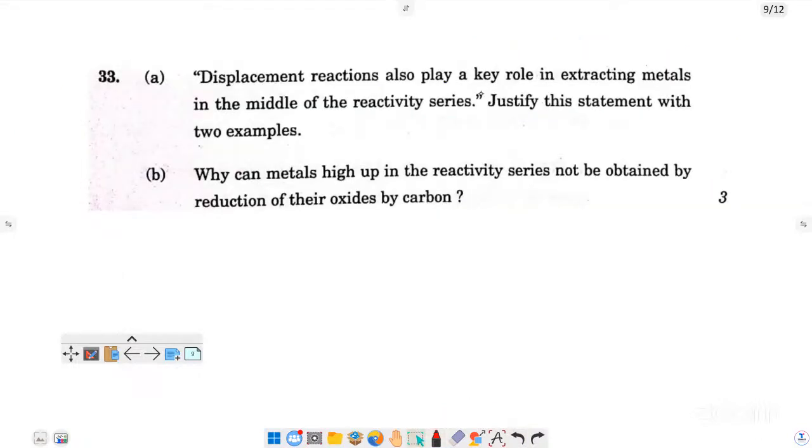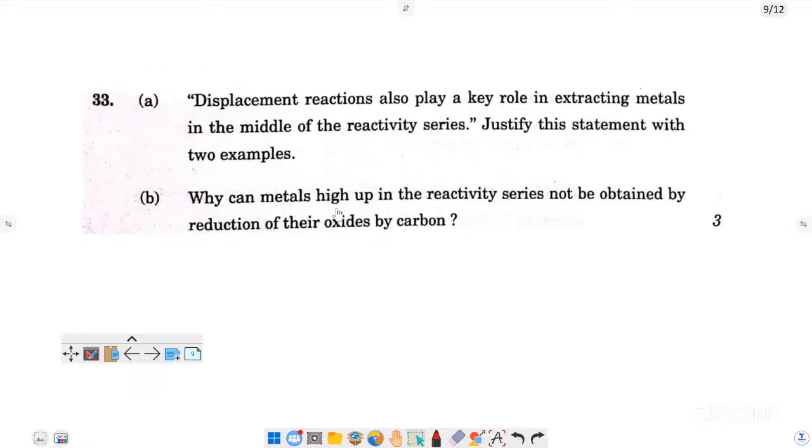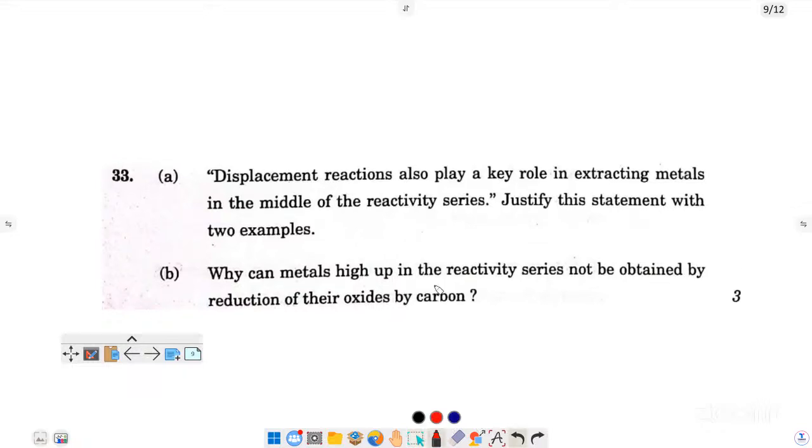Displacement reaction also plays a key role in extracting metals in the middle of the reactivity series. Justify this statement with two examples.